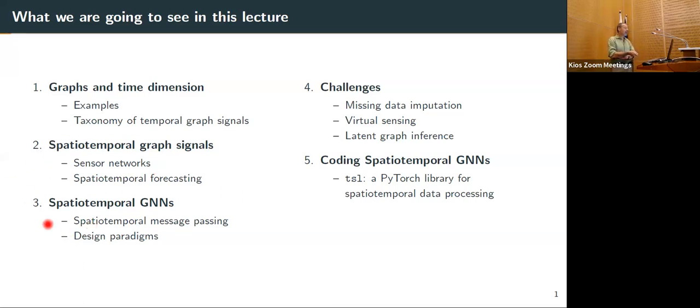And then we will say, okay, now we have space and time. We understood how powerful graph neural networks are. How can I integrate the concept of time in the computation? Which means that now we will focus on the locality principle associated with time.